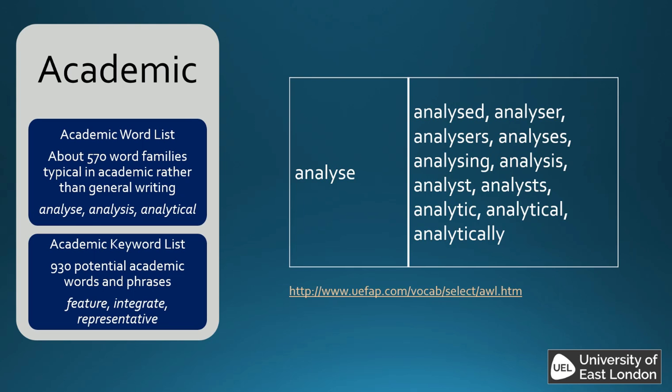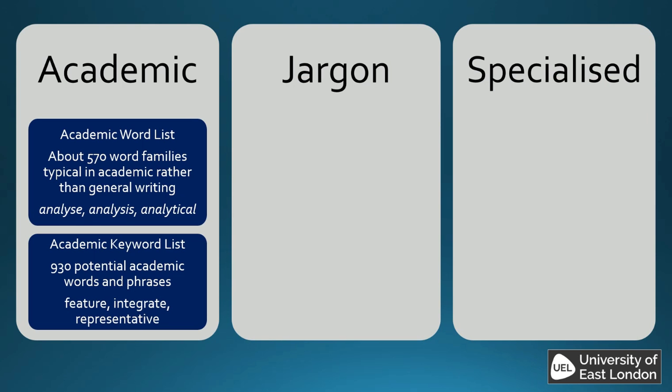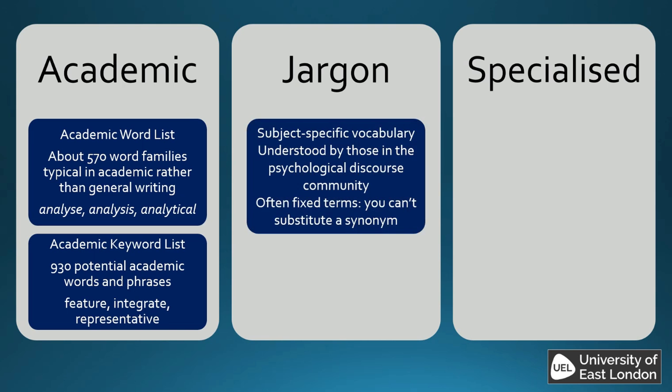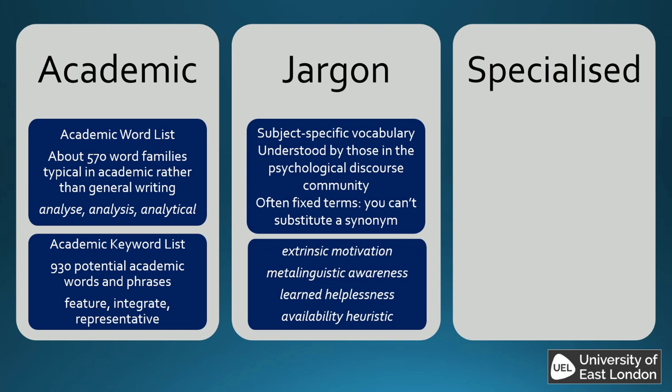Subject-specific vocabulary, on the other hand, is often only understood by those who work in specific disciplines and discourse communities. Examples include extrinsic motivation, metalinguistic awareness, learned helplessness, or availability heuristic in psychology. They are often fixed terms, which means you shouldn't substitute synonyms when paraphrasing.